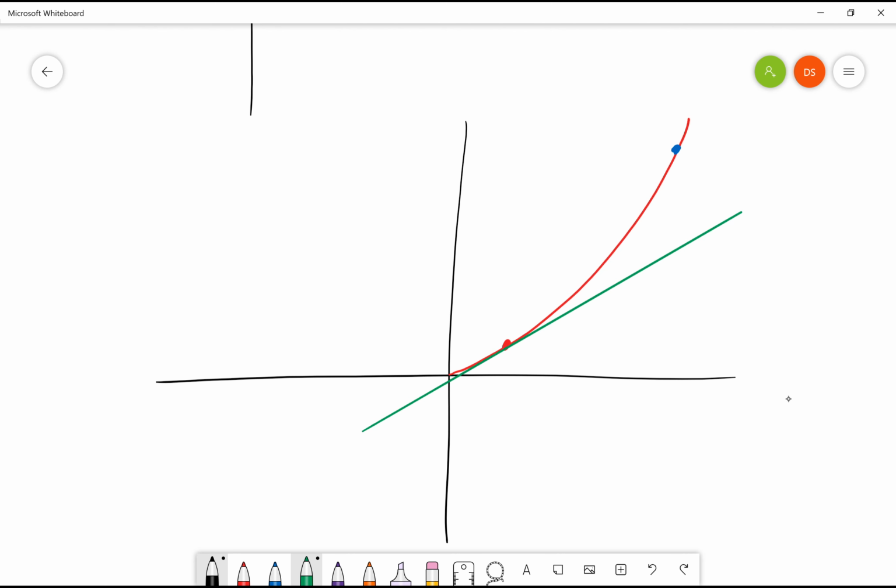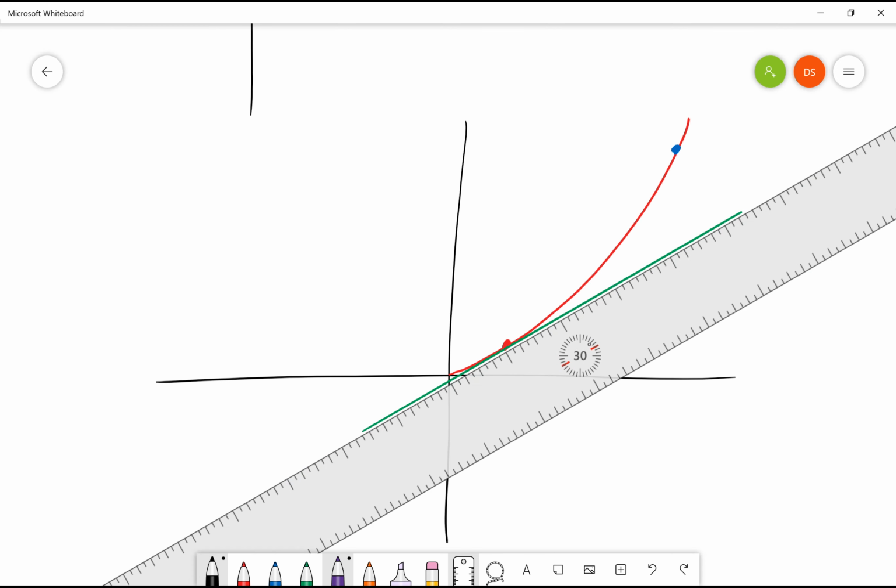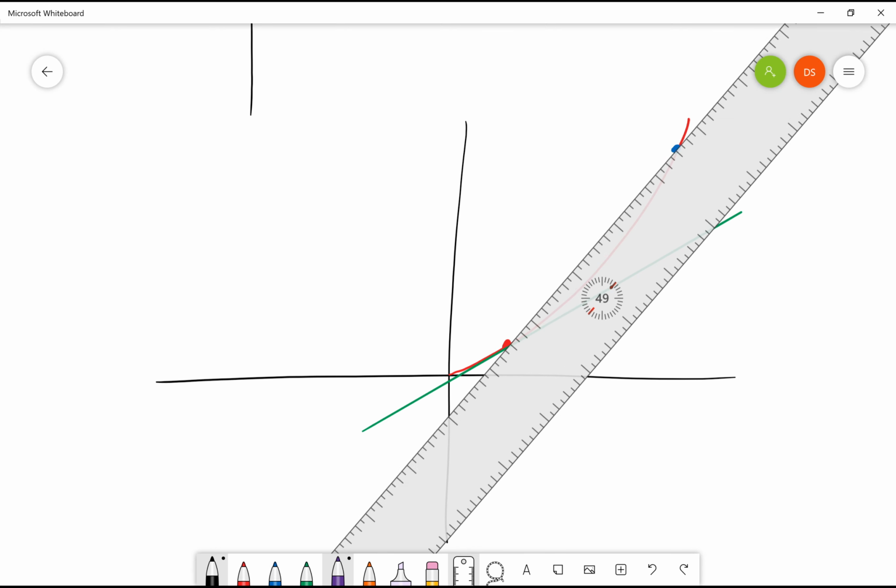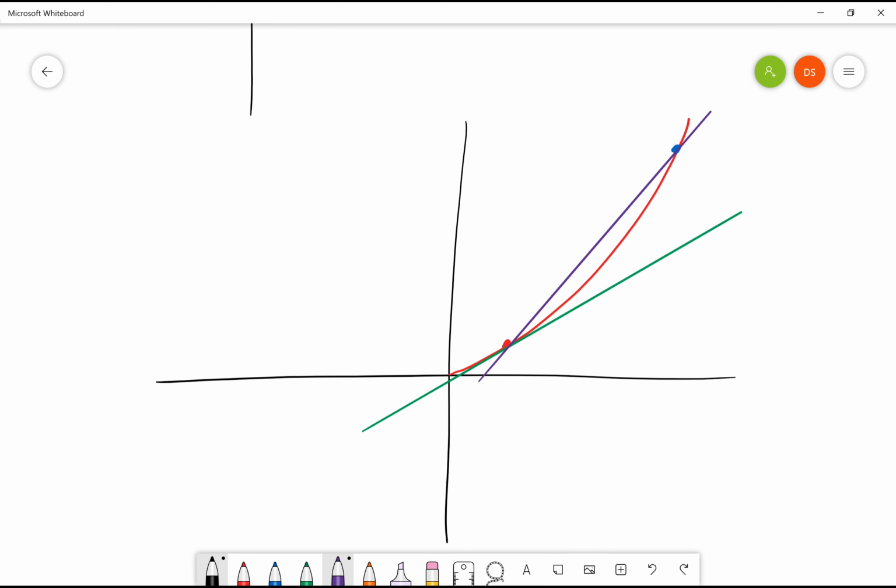Okay, so the green line is the gradient I want. But between the red point and the blue point, if I drew a straight line, let's use a purple pen, you can see the green line and the purple line are not the same.